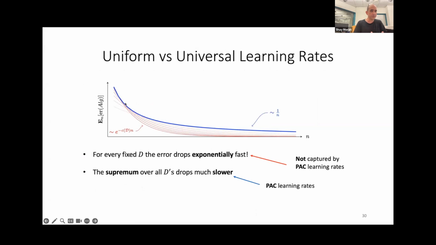And what we will see soon is that there are classes H for which, for every distribution-dependent learning curve, we have an algorithm such that every learning curve individually decays exponentially fast. But when you restrict yourself to only study the upper envelope, as per the PAC definition, you will get this blue curve, which drops linearly to zero.